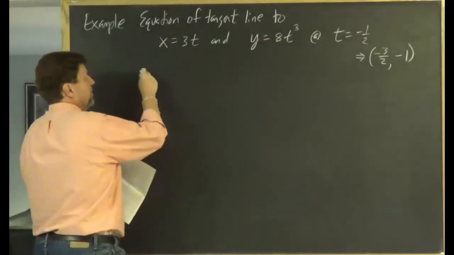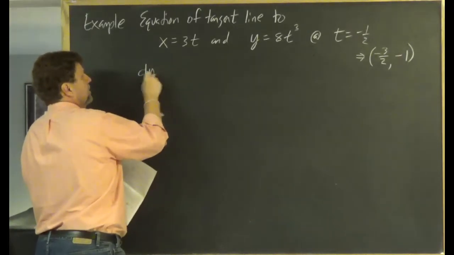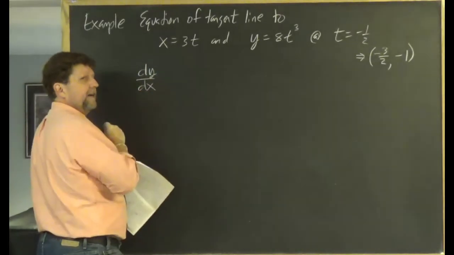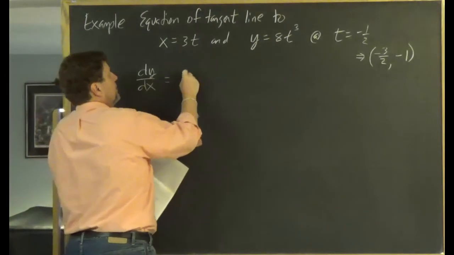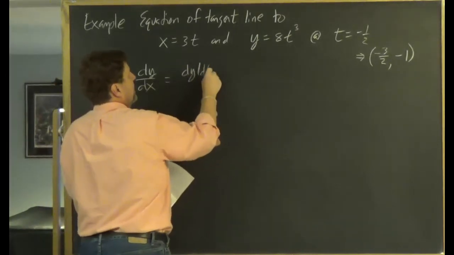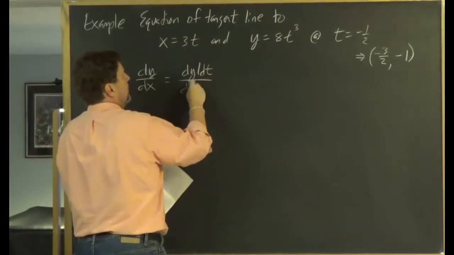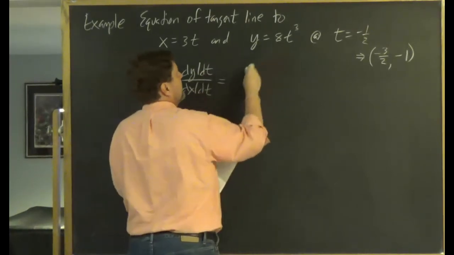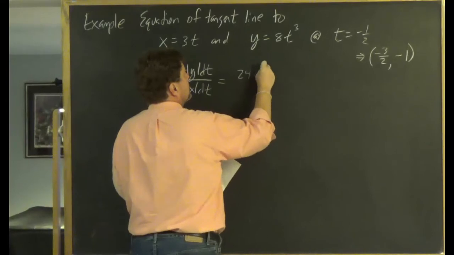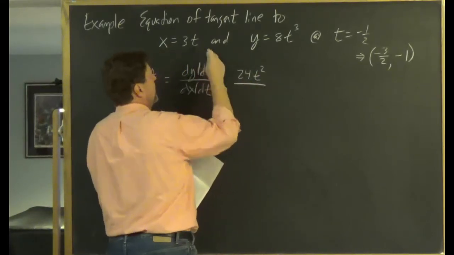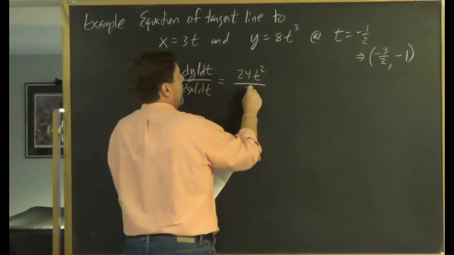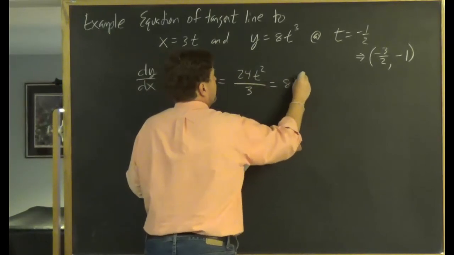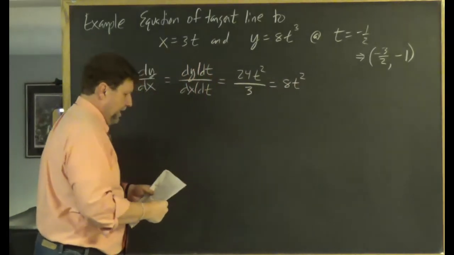And what tells us the slope of the tangent line? dy/dx. So dy/dx is dy/dt over dx/dt. dy/dt is 24t squared. dx/dt is, well, just 3. So that simplifies down to 8t squared.